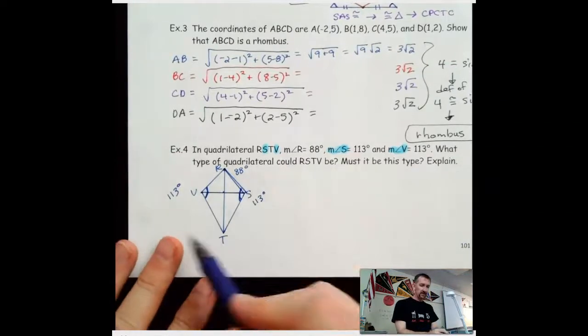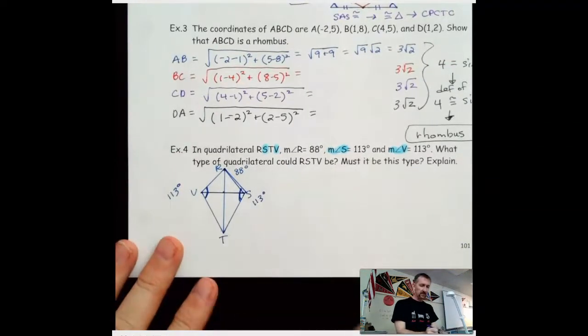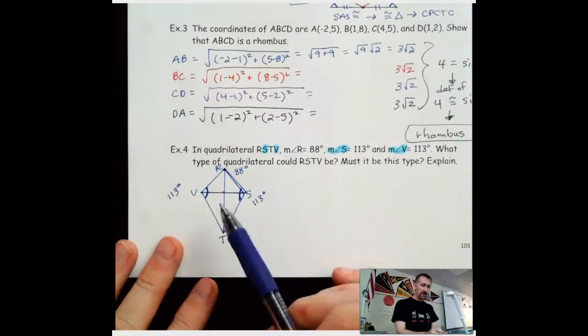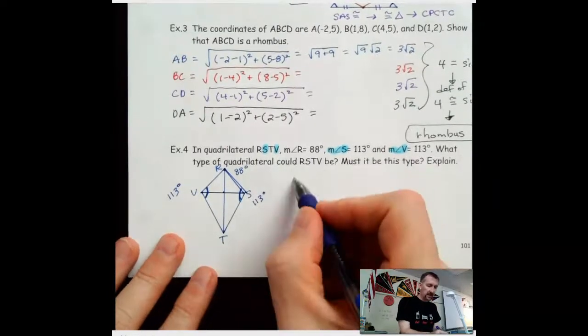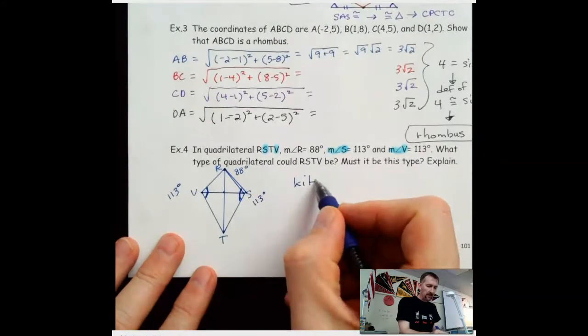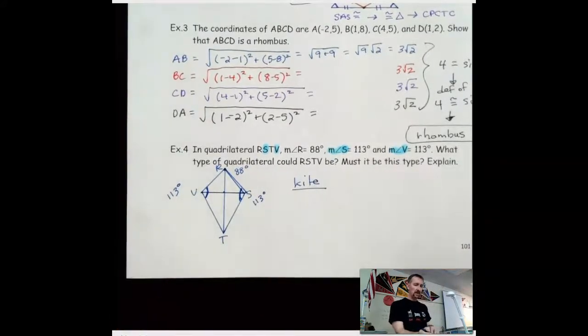So we could add those all together and subtract from 360, and that would give us this one down here. So that looks like a kite. It could be a kite. Does it have to be a kite?